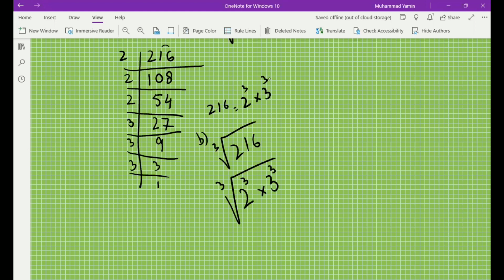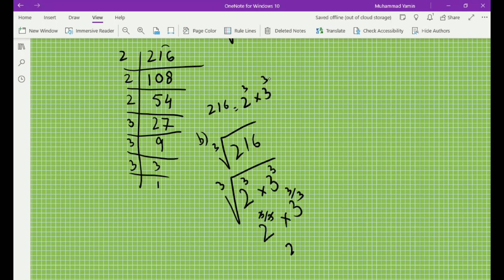And same way, to get rid of the cube root sign, we will divide each power by 3. This is the method. So this 3 will also be divided by 3. And this power 3 will also be divided by 3. And cube root sign is gone.